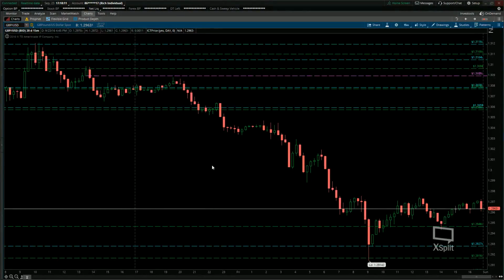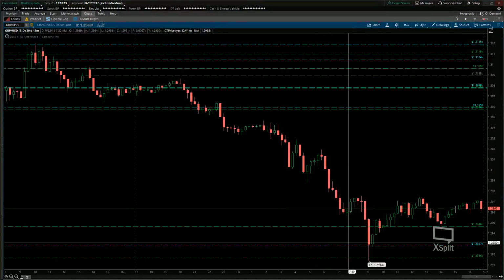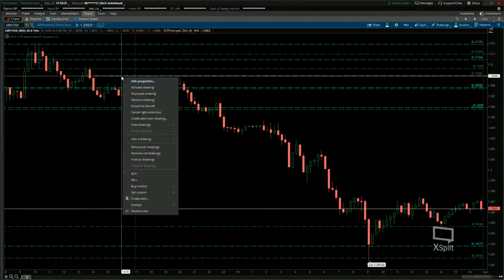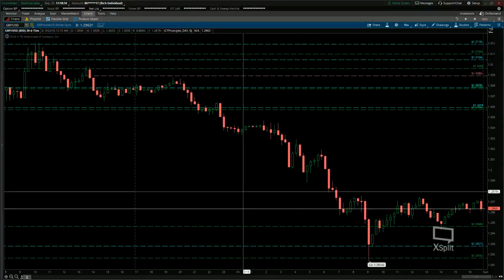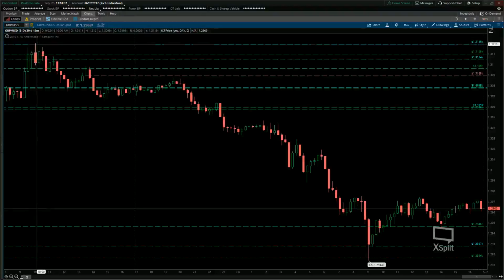Make it a different color so it's not the same. Different color so you can see it a little better. So this is the first signal.